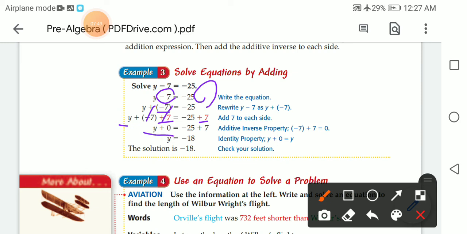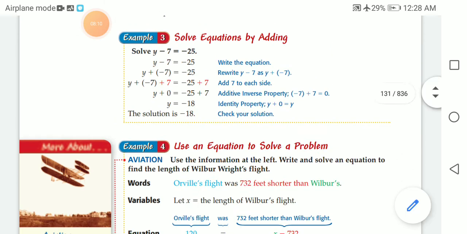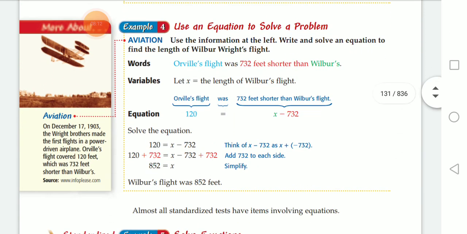Y plus 0, what do you think? It's the additive inverse. Then after that, y equals 32. This is the identity property, 1y. So the solution is 32. Very easy and interesting.